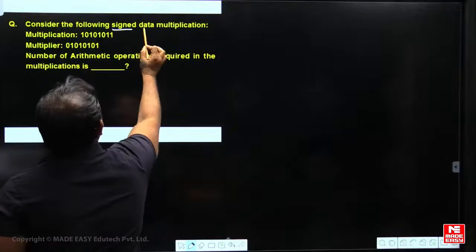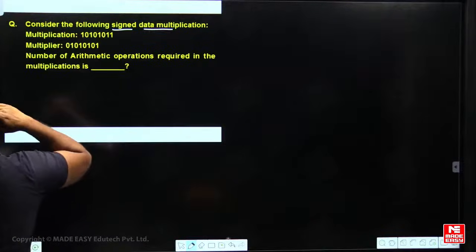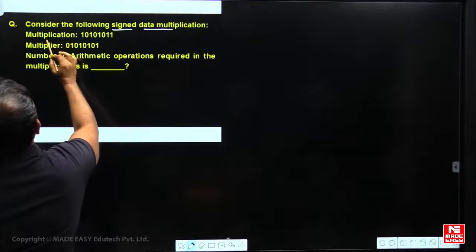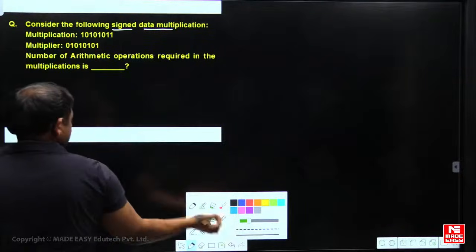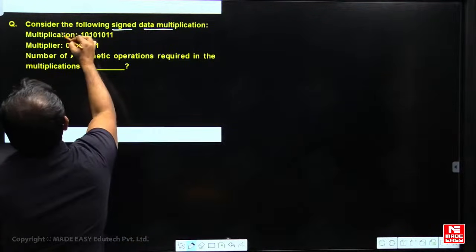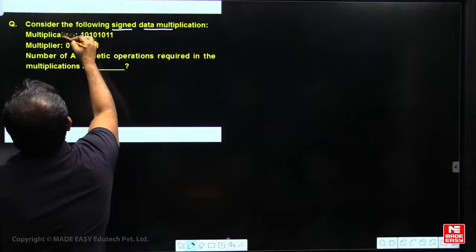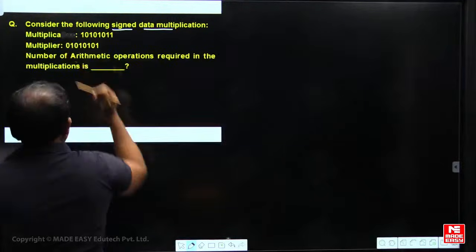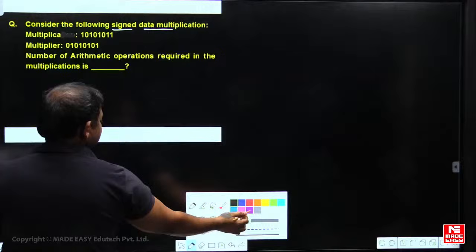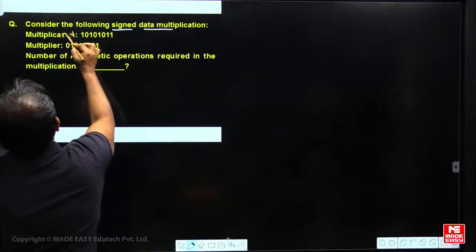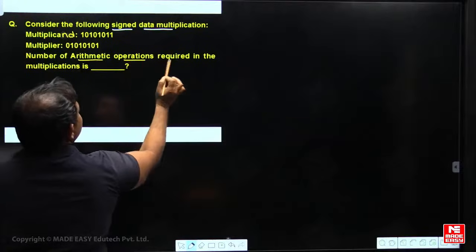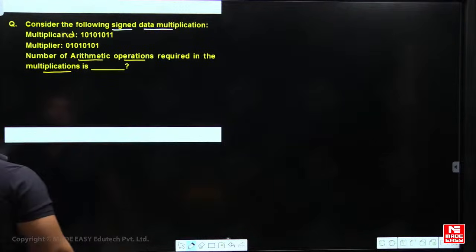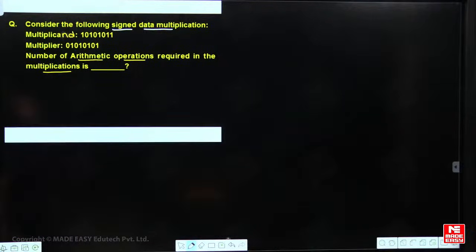This is the multiplicand, and the multiplier is given. What is the number of arithmetic operations required in the multiplication? How many arithmetic operations are required in the multiplication? This is a signed multiplication.